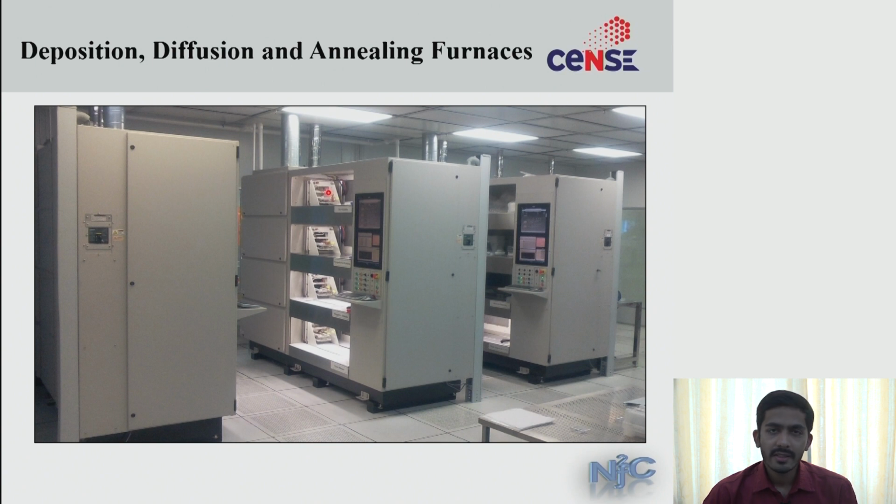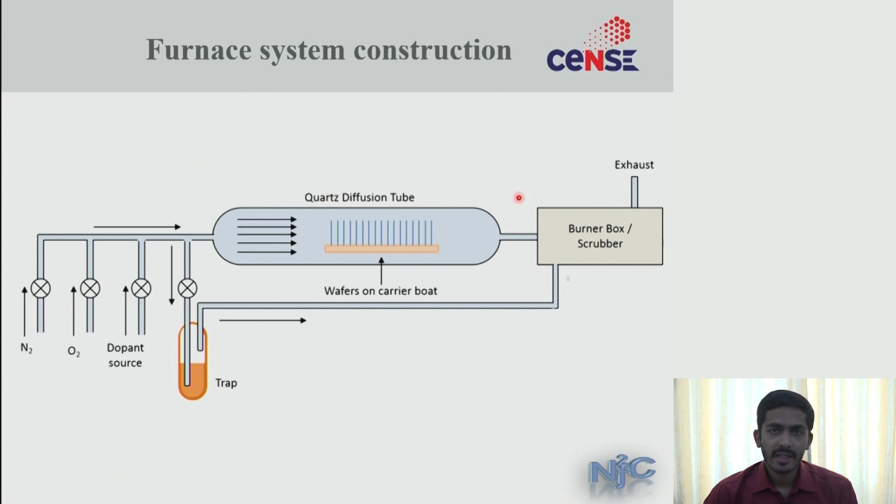Each of these furnace systems consists of 4 horizontal furnace tubes, wherein each is dedicated to a specific process. We will look at each process in detail in the upcoming slides. Coming to the furnace construction, it mainly consists of a quartz tube surrounded by heaters which supply the heat required for reaching high temperature.